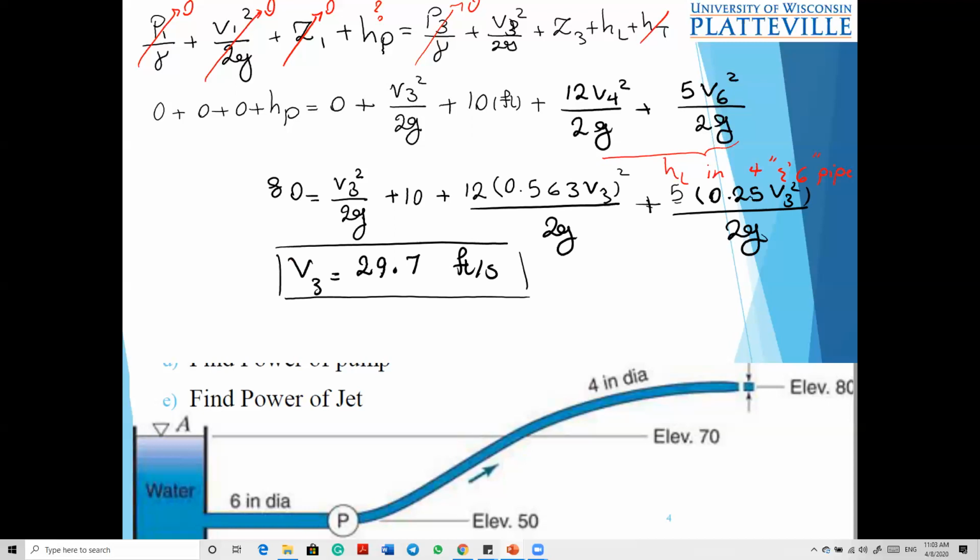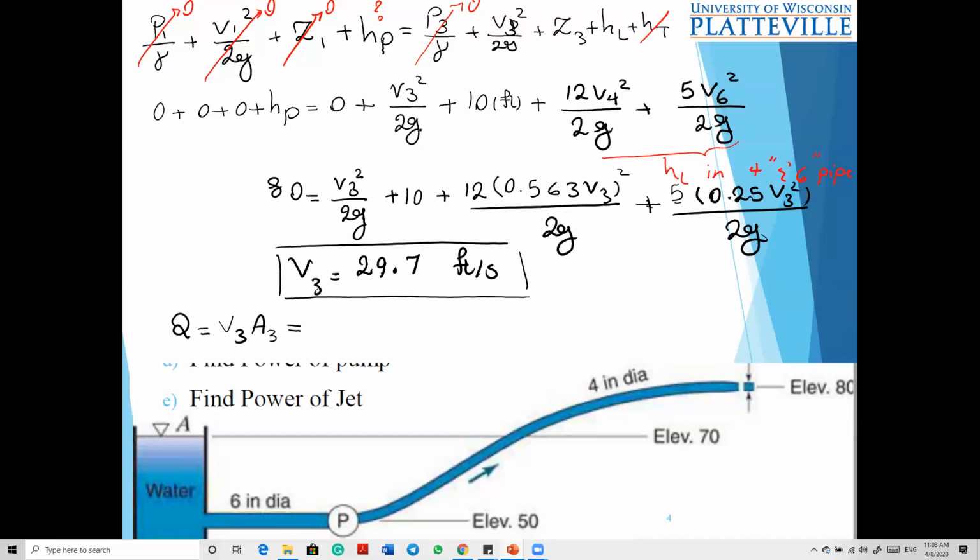Let's see what the flow is. How can I find the flow rate? Flow rate is VA. I know the velocity at the 3-inch diameter. I also know the diameter at 3-inch, so I can find the flow rate.